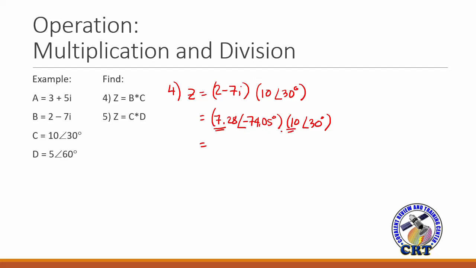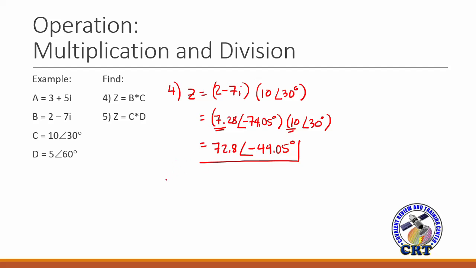So 7.28 times 10 is simply 72.8. And you have to add the angles. So negative 74.05 plus 30 degrees is equivalent to negative 44.05 degrees.